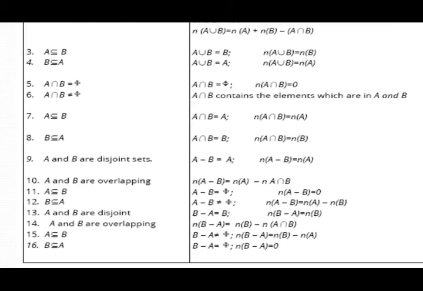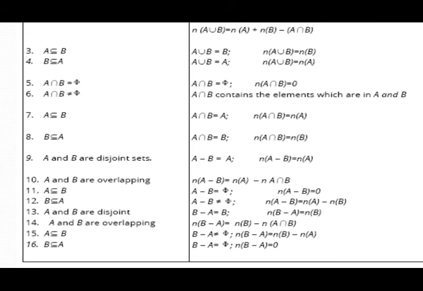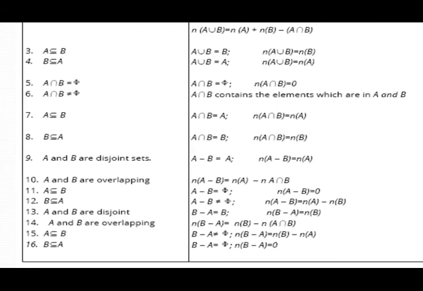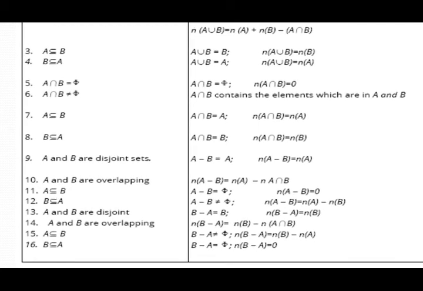We have done this in the last page, the Venn diagram. We shade it: in disjoint, A minus B is equal to A, and if A and B are overlapping, then A minus B means the number of elements in A minus the number of elements in their intersection.